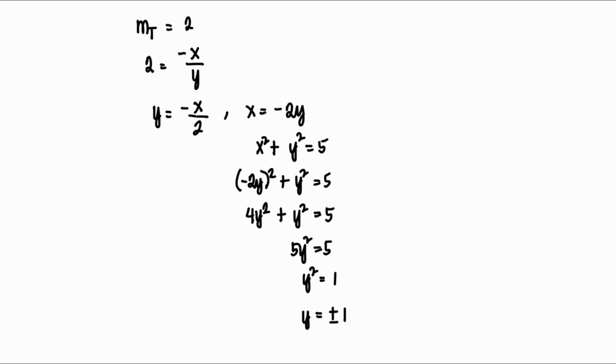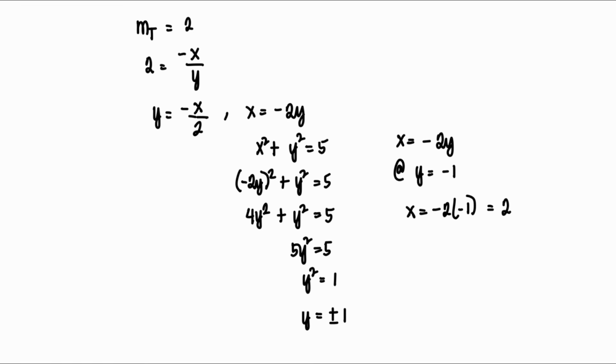Okay? Because we already have the value of y, we can now solve for the value of x using the formula x equals negative 2y. So, at y equals negative 1, x equals negative 2 times negative 1, then we have positive 2.